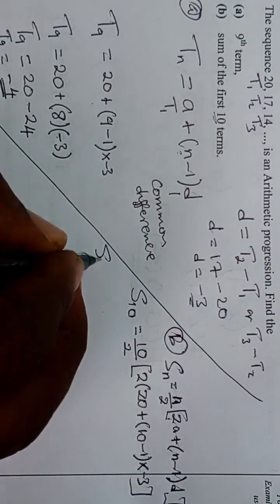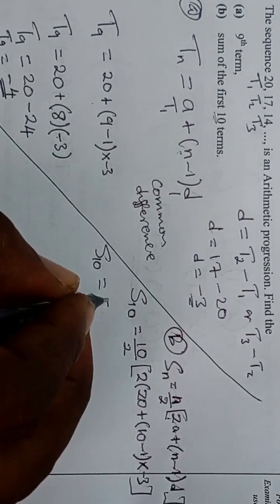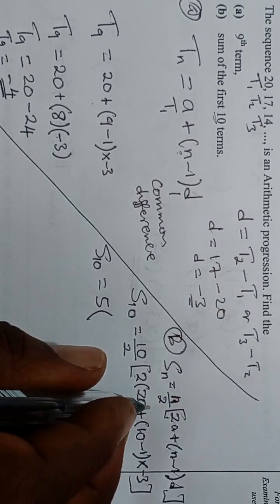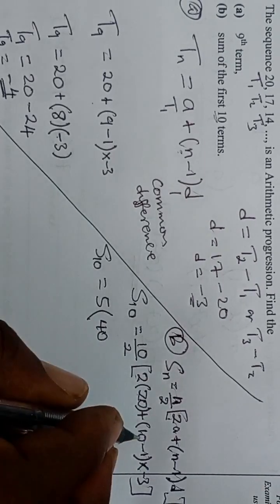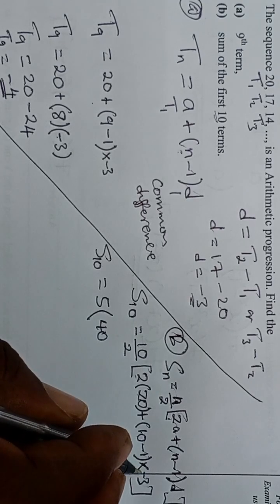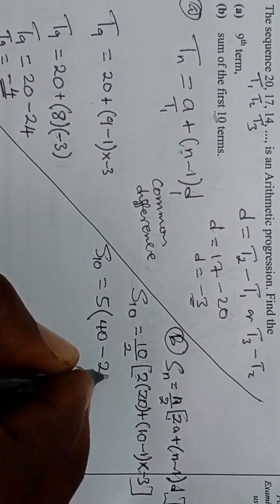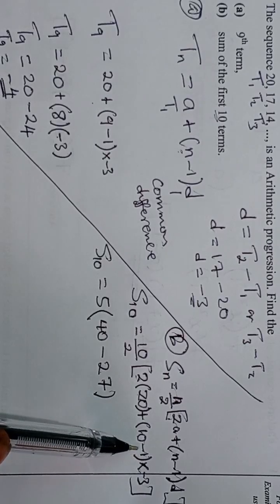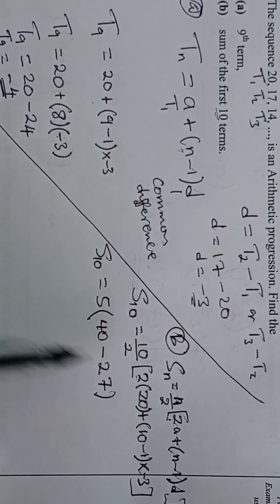So the sum of 10 terms is equal to 10 over 2, that is 5, times 2 times 20, that is 40, plus 10 minus 1, that is 9. 9 times negative 3 is negative 27.